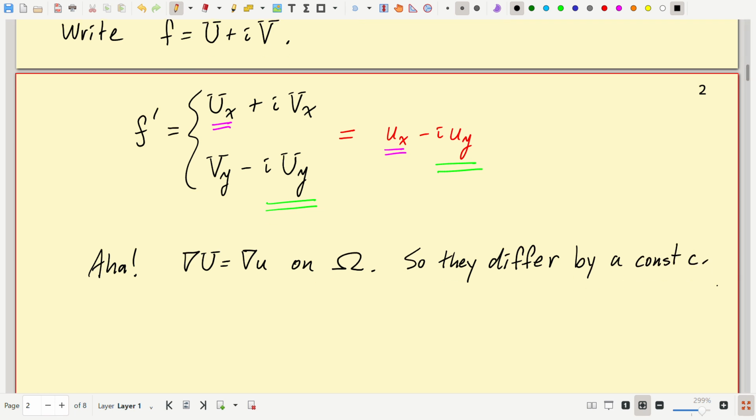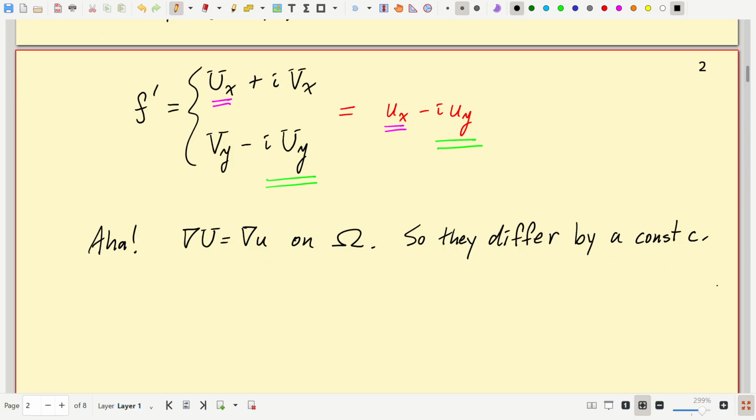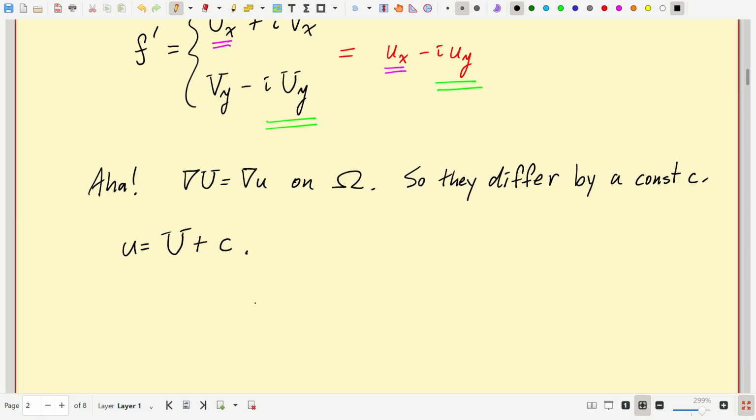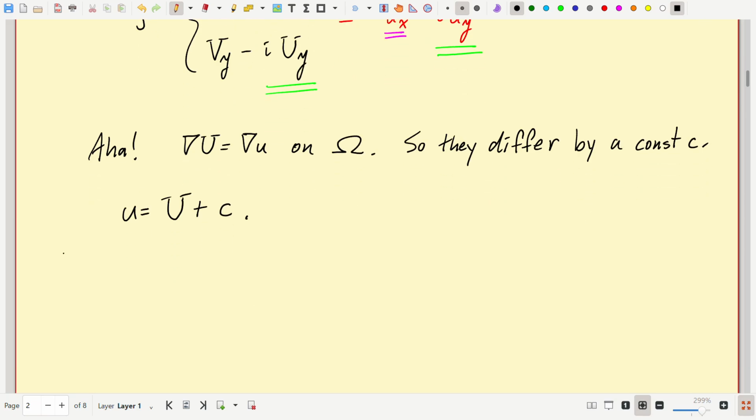So let's write little u equals capital U plus C. I claim now that capital V is a harmonic conjugate for little u.